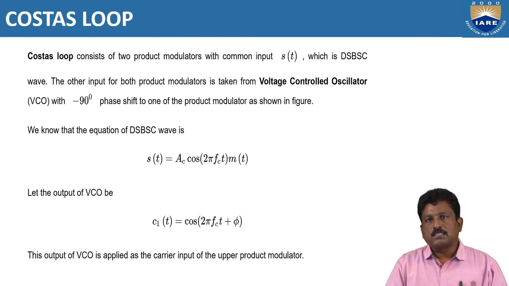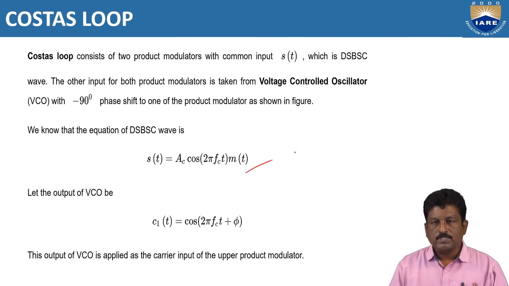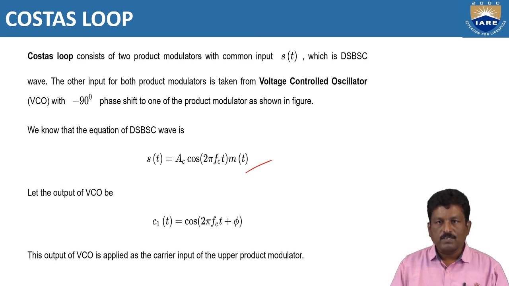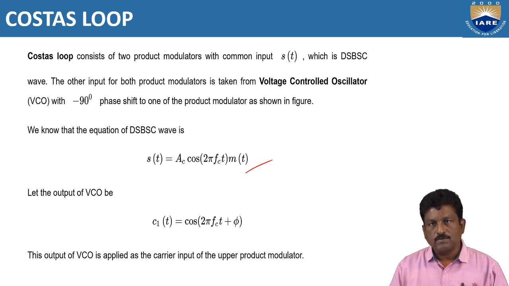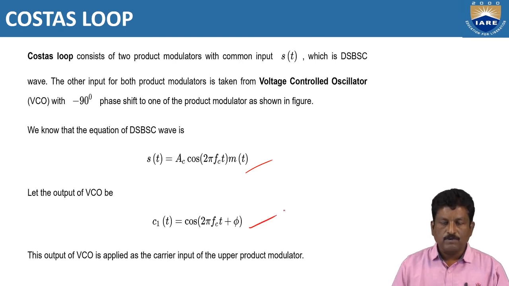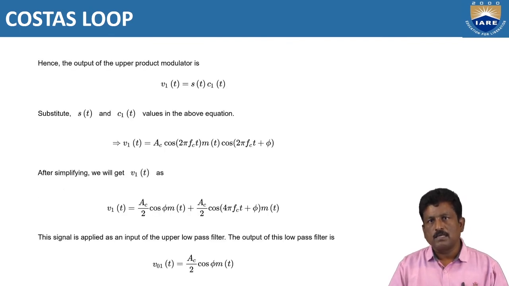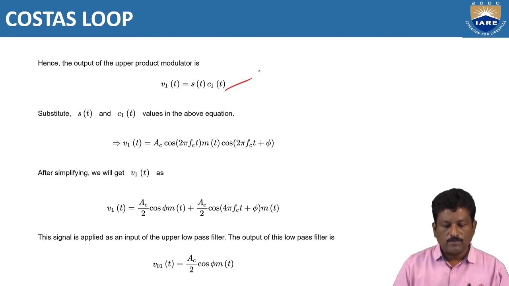You know that S(t) is the product of the input signal Ac cos(2 pi fc t) m(t), and C1(t) is the carrier signal 1 generated by the local oscillator VCO. C1(t) equals cos(2 pi fc t plus phi). We get the product V1(t), which is S(t) times C1(t).